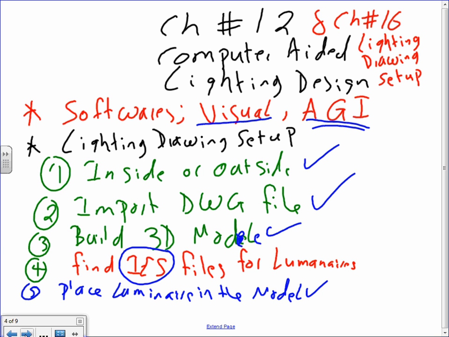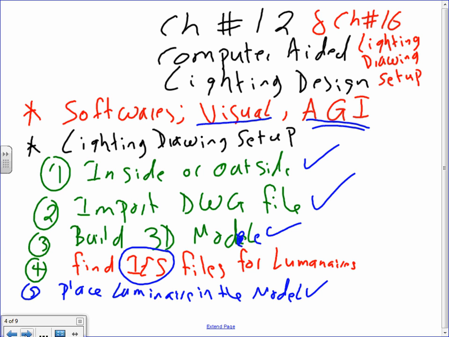Then, when we have the luminaire IES file, based on the manufacturer, Lithonia, the one that we use, but if you use AGI, it has every single manufacturer that God created. You can pull the IES file. It's a standard. An IES file is like a DWG file, like a JPEG file. These are standard files. Every manufacturer of lighting fixtures has to provide an IES file for the system. Okay, we pulled the IES file for the fixture.